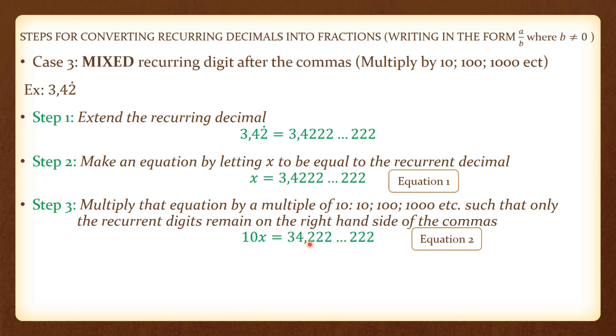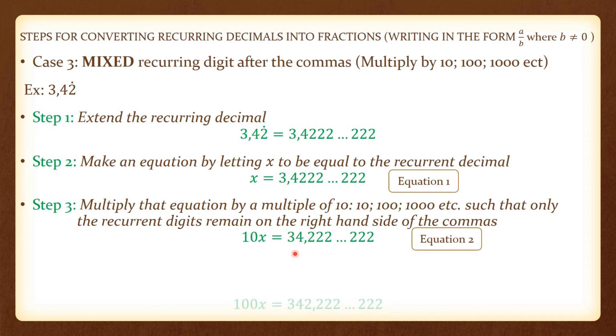We only have a repeating digit on the right hand side of the decimal point. But we need to have the same digits after the decimal point to do the last equation minus the previous equation. In this case, we're going to times the whole equation by 10 again.